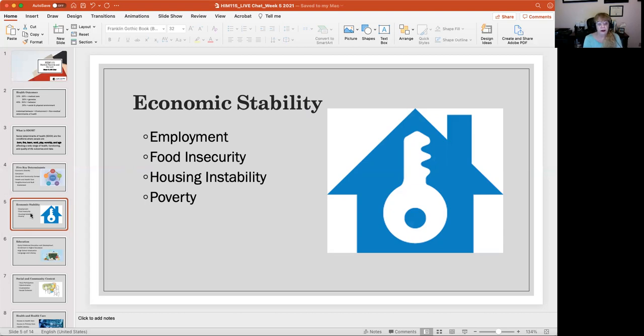Housing instability. And this certainly is something that needs to be considered, because if someone constantly has short-term leases on an apartment and they have to move, or if they're living in a building that is condemned, or anything where there's not a place where you can go and live and be comfortable and go there again tomorrow.